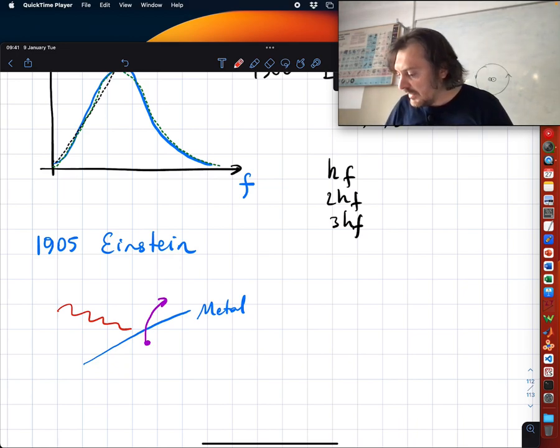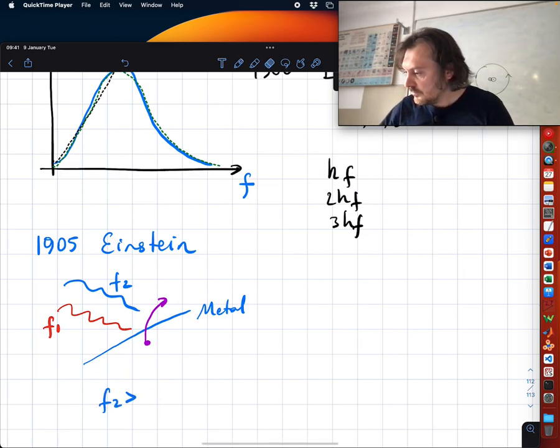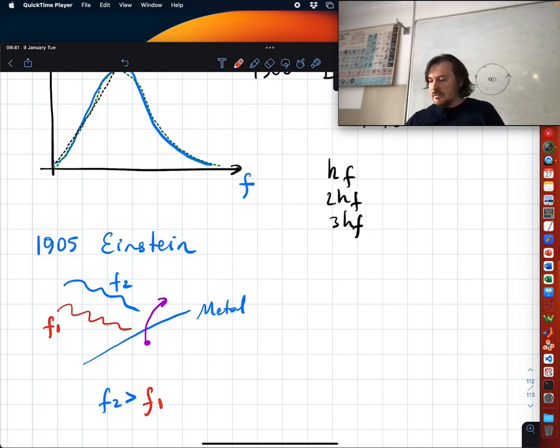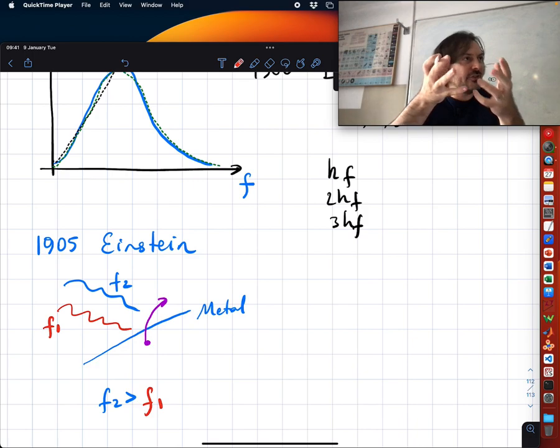Red light has frequency F1, blue light has frequency F2, and F2 is larger than F1. And Einstein tells us that light also has these energy packages.